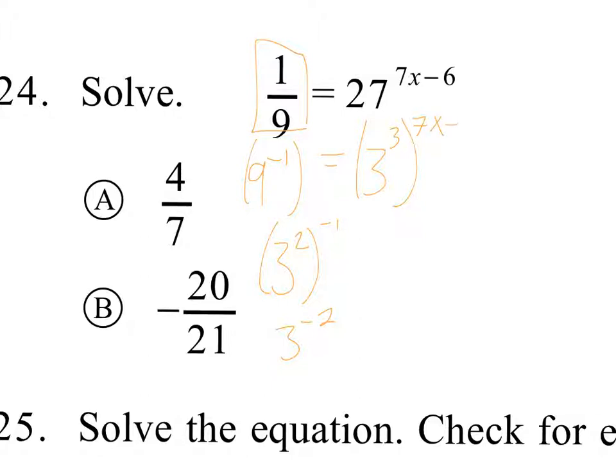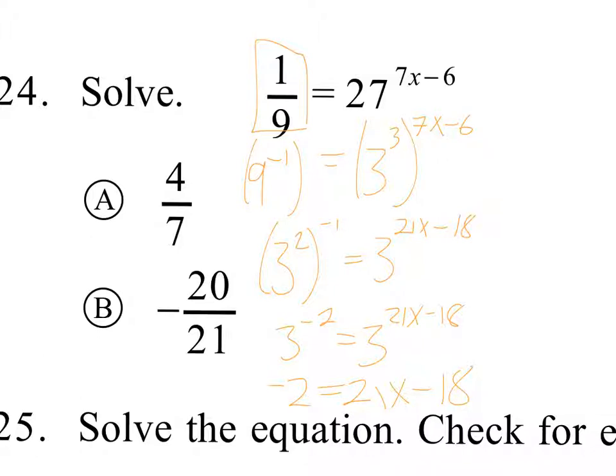We still have the 7x minus 6 up there. I'm going to distribute that out. And we get 3 to the 3 times 7, which is 21x. 3 times -6 is -18. So 3 to the -2 is going to be the same as 3 to the 21x minus 18. I'm going to set these equal to each other now that my bases are the same. -2 is equal to 21x minus 18.